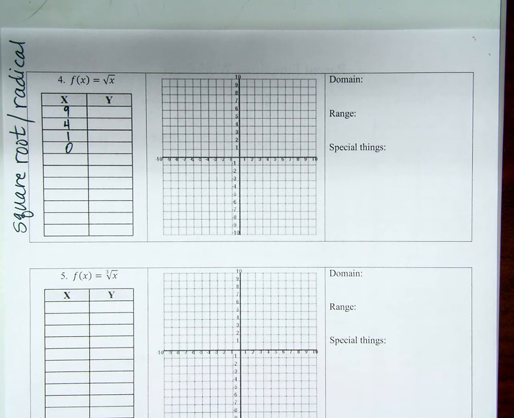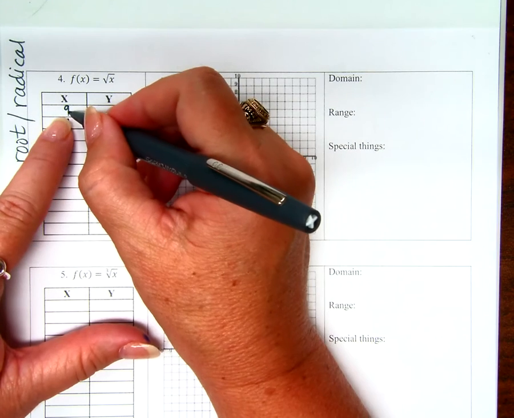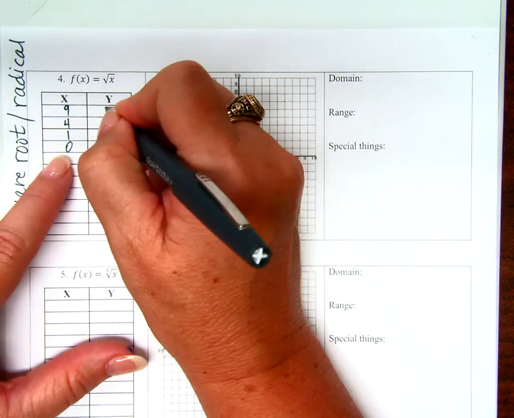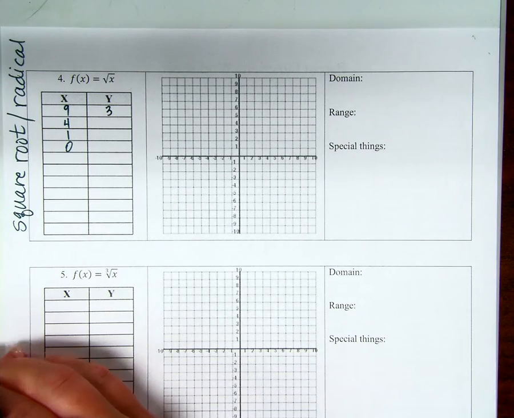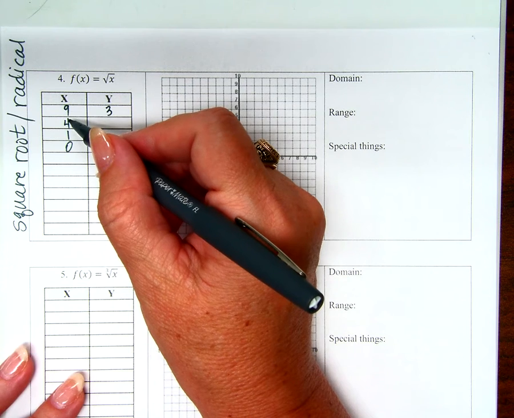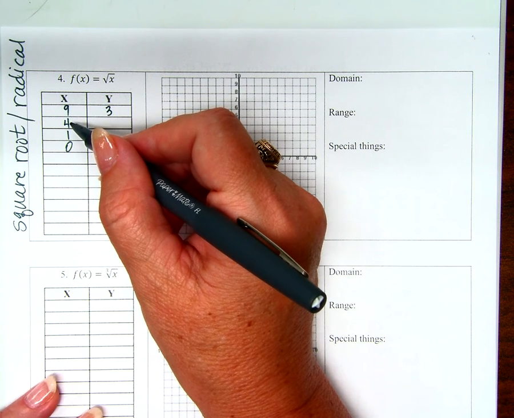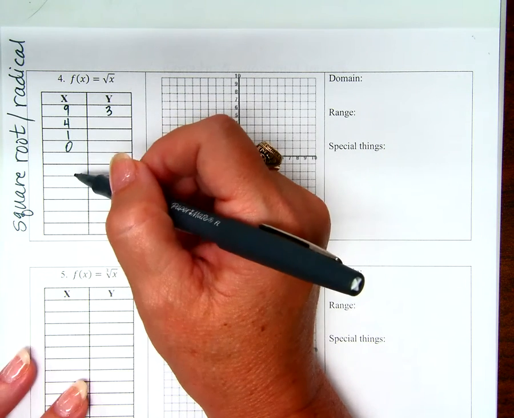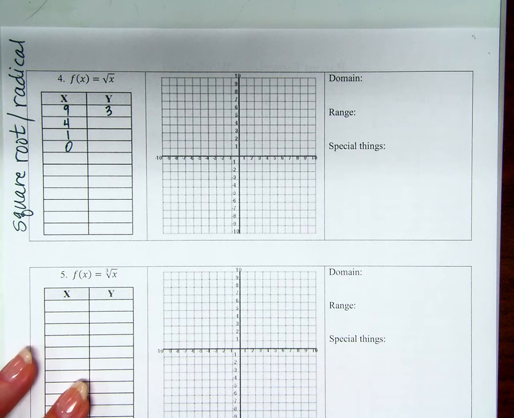Those are the only 4 perfect squares that fit on the graph. Absolutely. Okay. So what is the square root of 9? 3. Oh, now I see what you mean by nice numbers. Well, could you have chosen 5? Yeah? Oh, if you want decimals, right? We never, ever want decimals, do we?